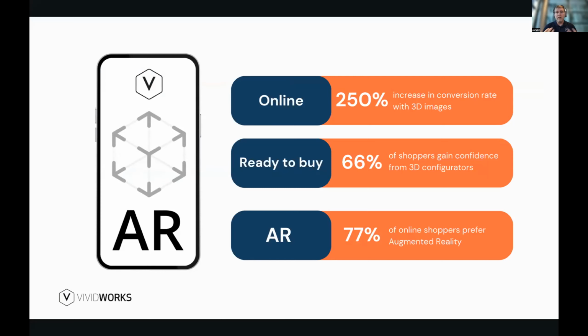It also provides confidence, so it makes the customers more ready to buy, especially compared to the situation where you don't have any visual representation at all, but also compared to images.